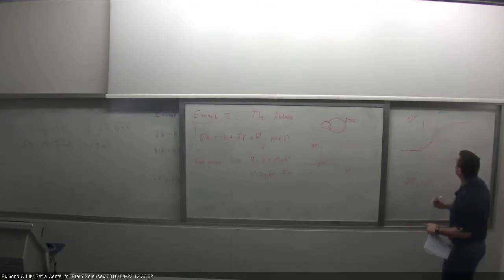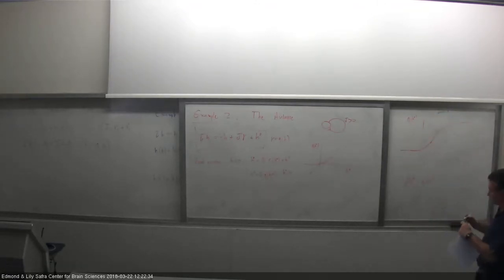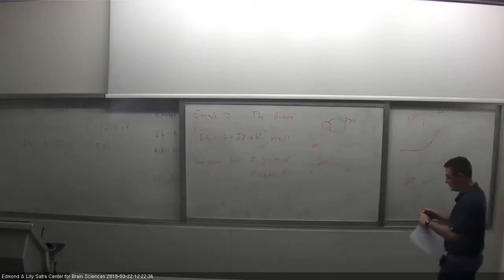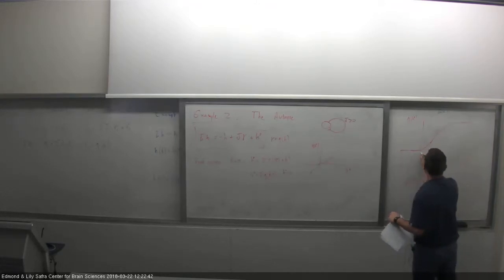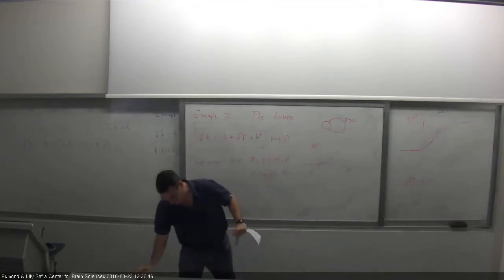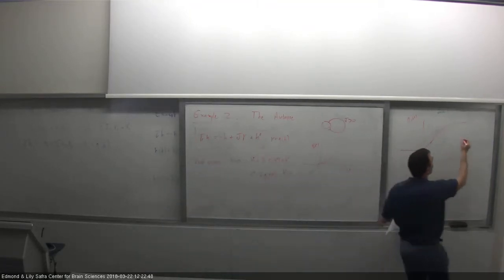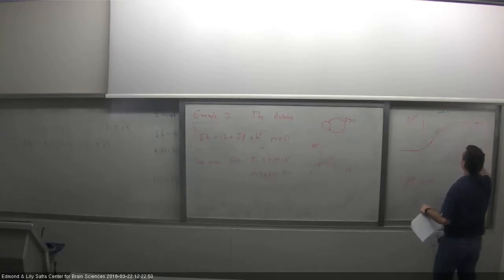This would be the behavior when j is very small. What will happen when j is very large? Well, when j is very large, it will look something like this. So the fixed point solution when j is large would be this one.